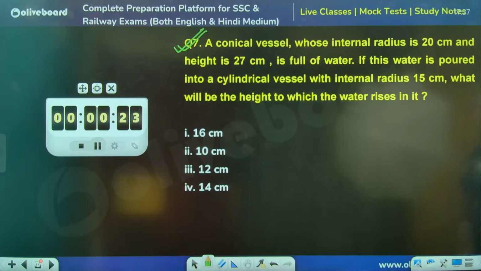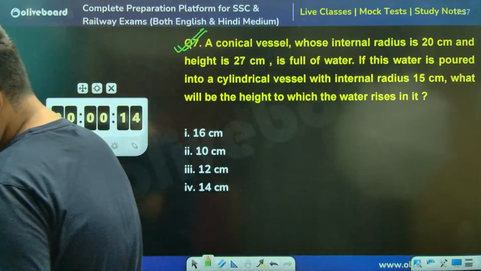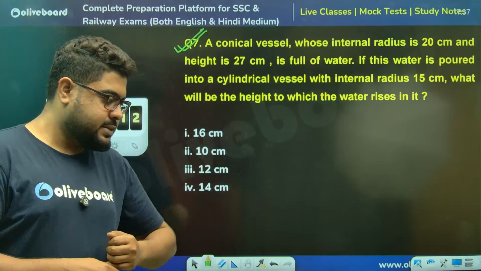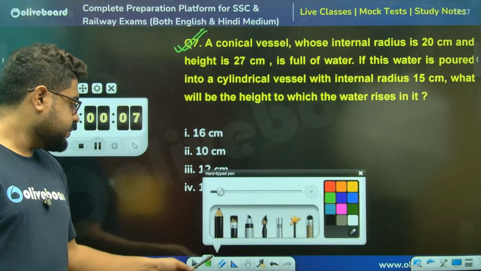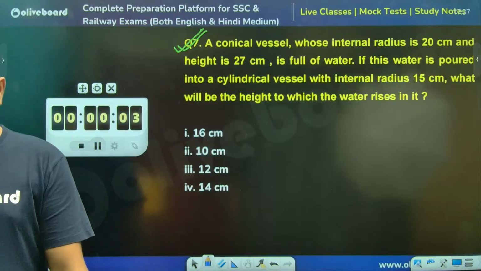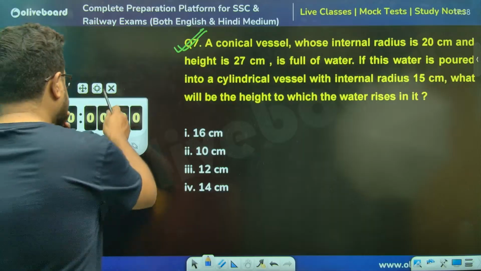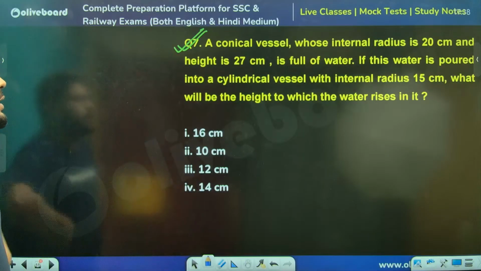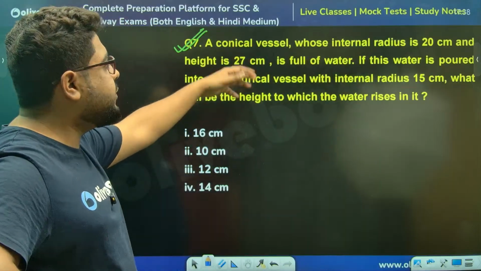A conical vessel whose internal radius is given, height given. Then a cylinder. They have given both combined, sir. Cone and cylinder, mixed questions. Sir, cone, internal radius given, height is given, full of water.